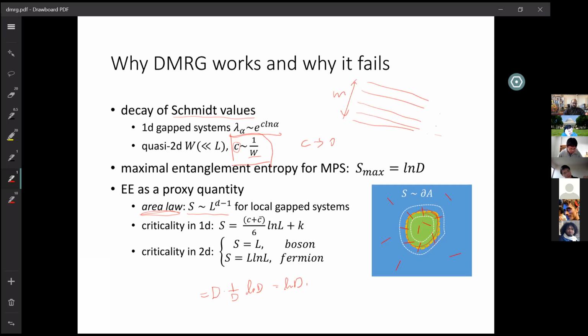So compared to the volume law, the area law does decay faster. You can't have constant Schmidt eigenvalues, because if you had them, you would have a volume law. So they have to decay in some form.